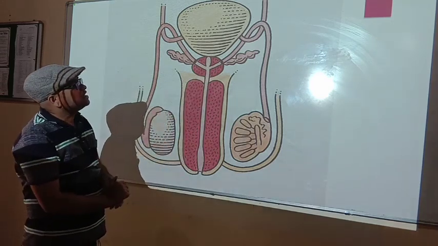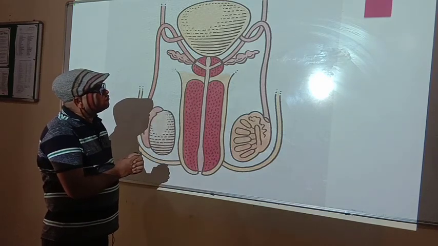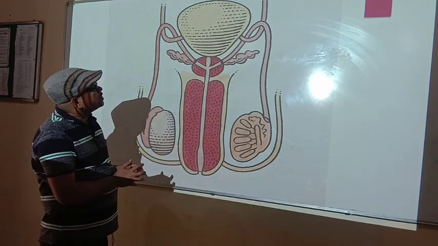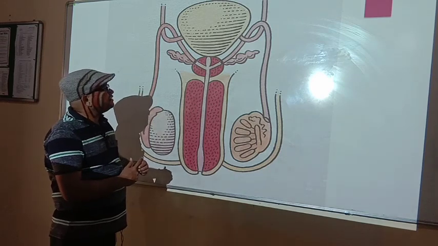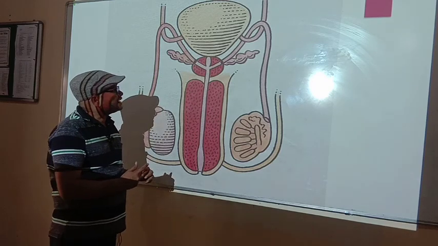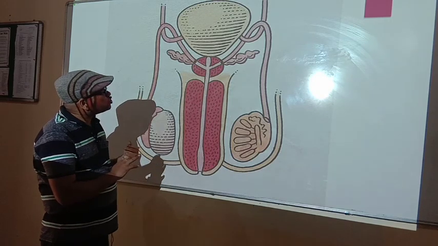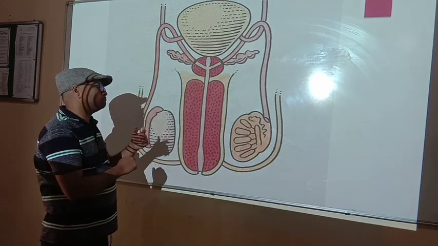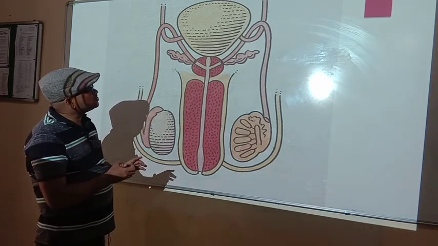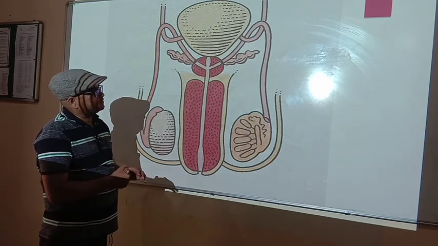Seminal vesicles release seminal fluid that provides nutrients for the developing sperms. The prostate gland releases prostatic fluid that contains fructose, and it also provides nutrients and energy for the sperms, and the secretions of these glands make the medium of semen alkaline.